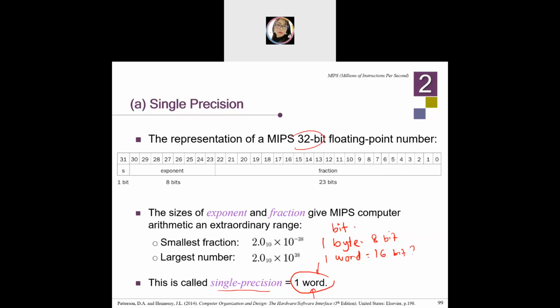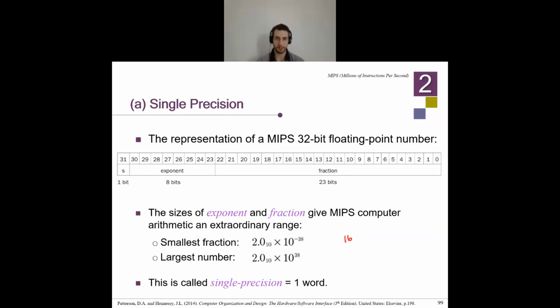I think 2 bytes, supposedly it's 2 bytes, 16 bits. But here it is called one word, which is single precision, 32 bits. I will double check, but normally it's 16 bits. Why is single precision set as one word? Supposedly it should be 2 words. Yes, one word is 16 bits. Maybe there is an error in the slides.